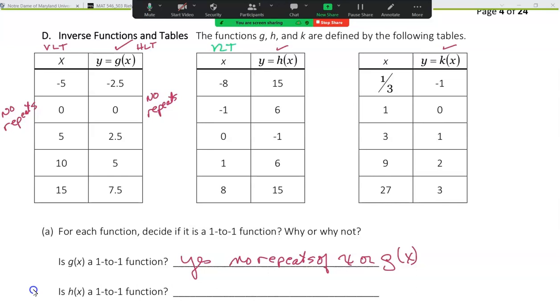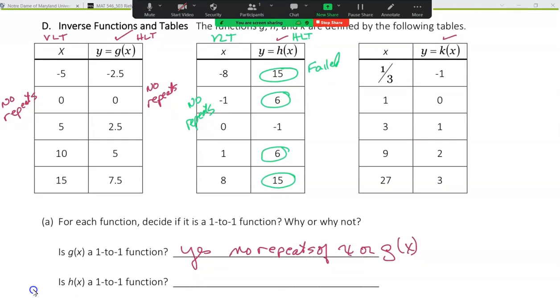And there are no repeats, so I'm okay there. So this is a function. Does this function have an inverse? That's a function. So let's look. Uh-oh, I have repeats. Okay, so the horizontal line test is failed. So this is no, because we failed the horizontal line test.